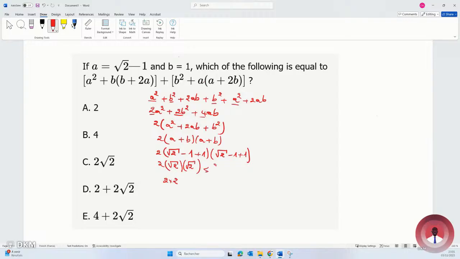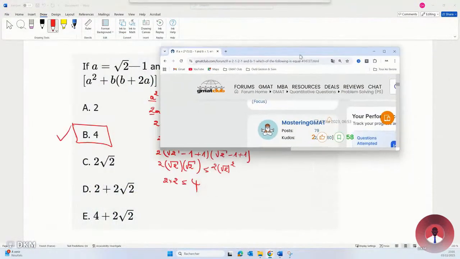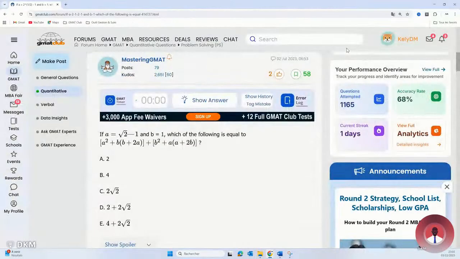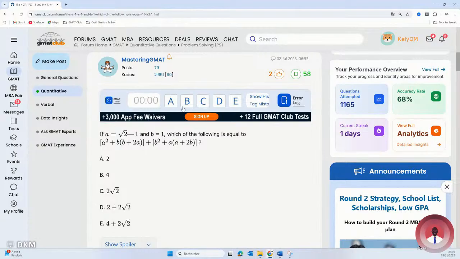So this is basically square root of 2 squared, which gives us 2 here. So 4. So the answer to the question is 4. So answer B is the answer.